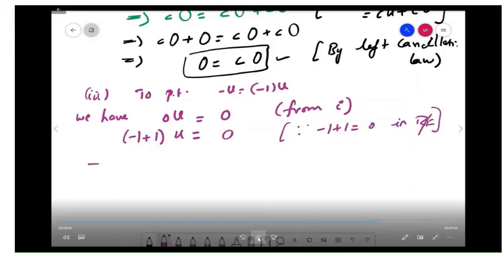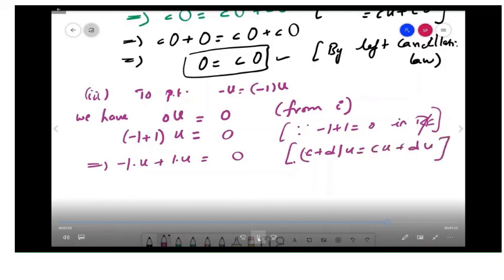Now on the left hand side, apply the distributive property: minus 1 into u plus 1 into u is equal to 0. Why? Because c plus d into u is equal to c into u plus d into u. So if I apply this, I can write this. And now on the left hand side, the sum of two quantities is zero.